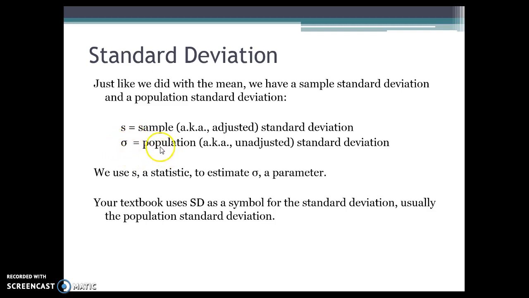And that goes for MyStatLab as well. So in MyStatLab or in the book, do sigma. So we're using s to estimate sigma, and s is the statistic, sigma is the parameter.